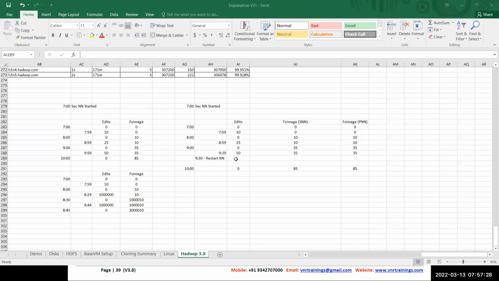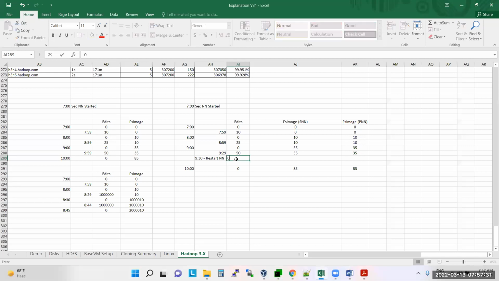Edits will become 0. Is the secondary name node performing the checkpoint or the main name node? The main name node will; in the secondary name node there is nothing here. Whenever you restart the name node, this is a special case.